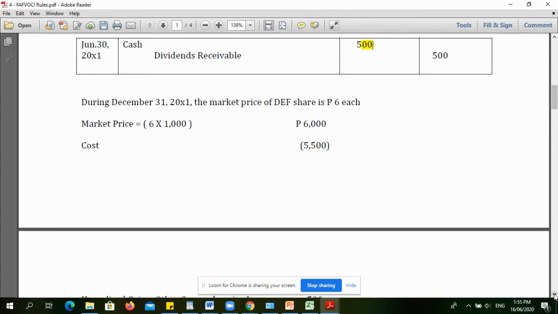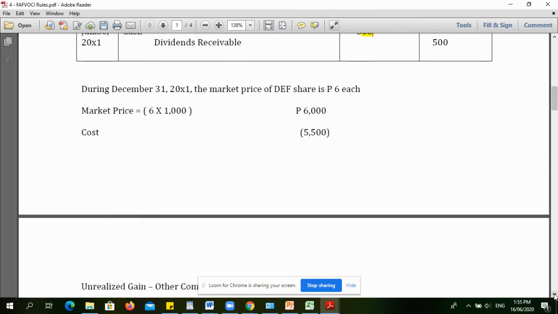Pero, tingnan natin. During December 31, 20X1, the market price of DF share is 6 pesos each. Okay. Market price is 6 pesos per share times 1,000 shares is equals to 6,000 pesos.